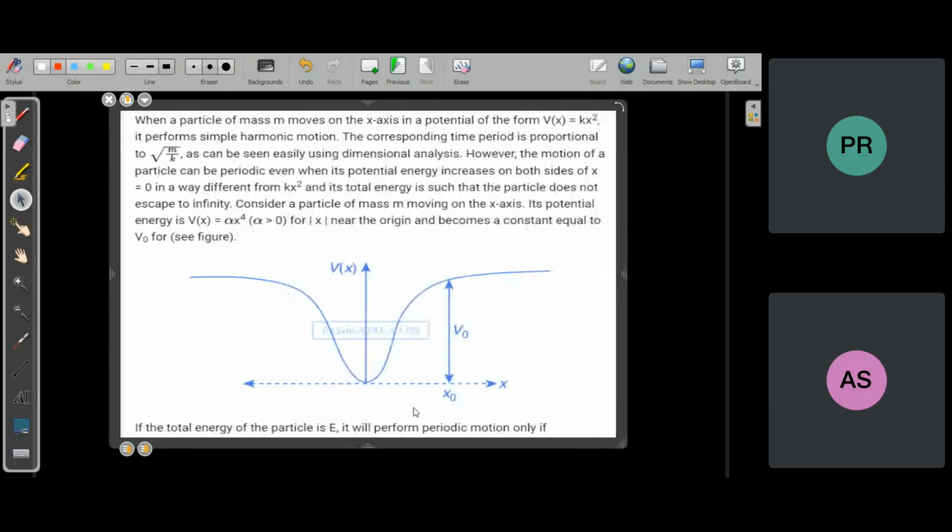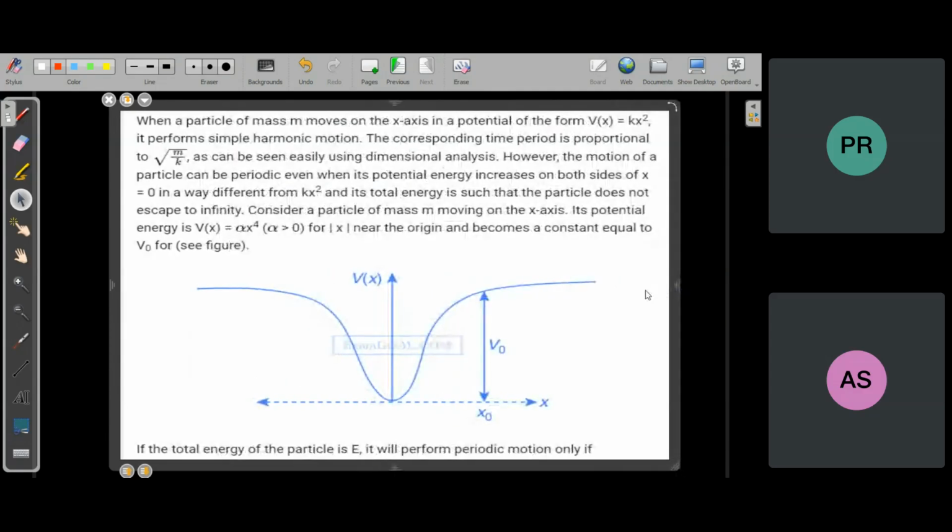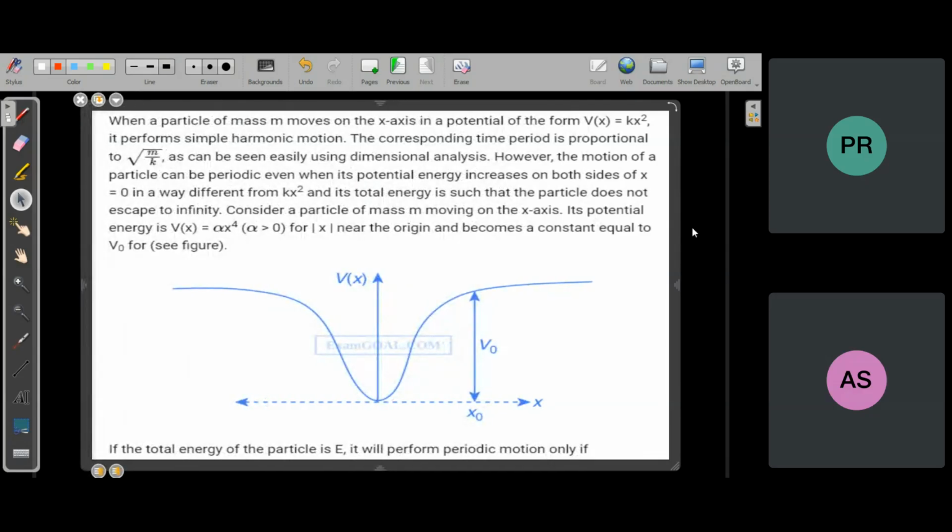You cannot say it does not depend on any external force. You can say that if a constant external force is acting, then it does not depend on that constant external force.